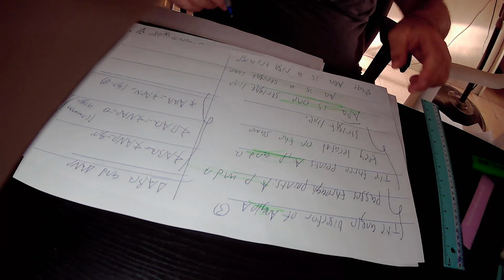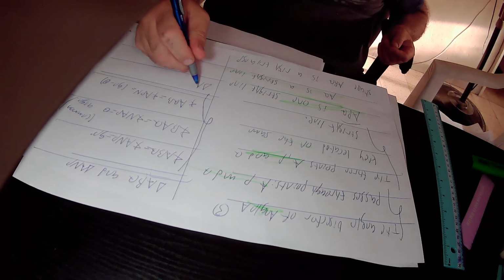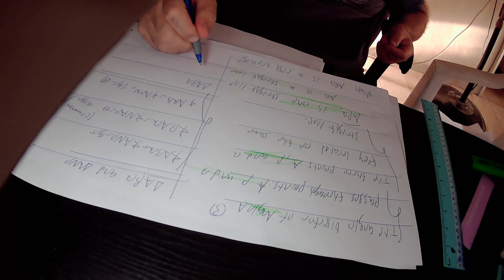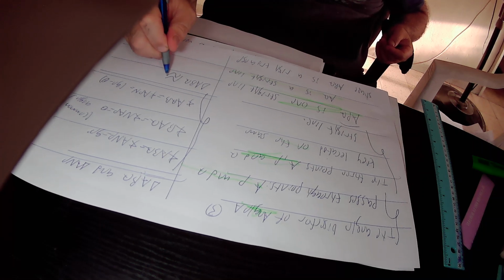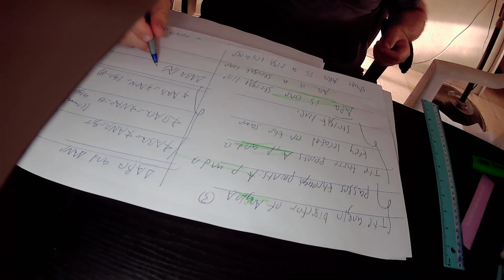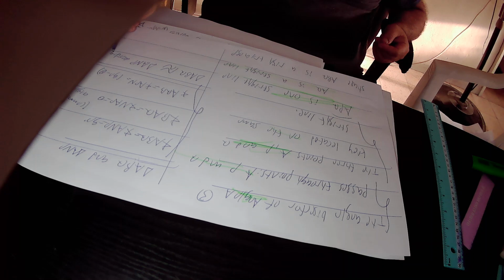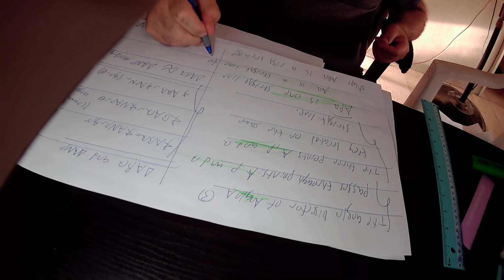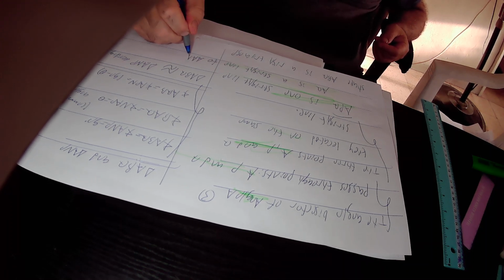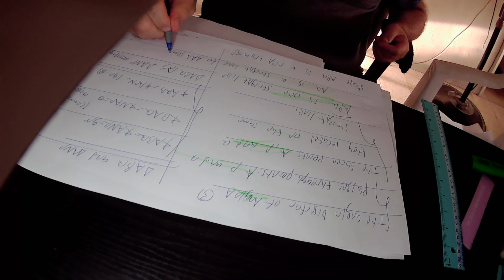We found out that the big right triangle ABQ is similar, this is the sign of similar, to the small right triangle ANP according to the angle similarity rule.